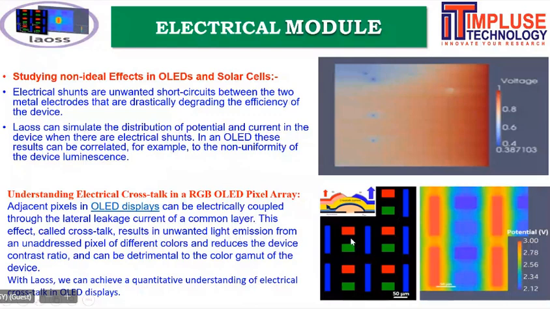Let's suppose you can see this RGB pixel array device structure, and this pixel device structure can be created in LAOSS. You can create the geometry in rectangular or different other shapes, and this array can be created. Once you simulate this device structure, crosstalk currents can be generated, and you can find the potential and other characteristics.